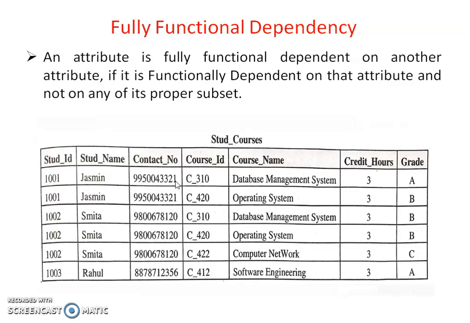Also, the attributes credit hours and course name are not fully dependent on the primary key because only course ID is needed to determine their value. This is nothing but fully functional dependency.